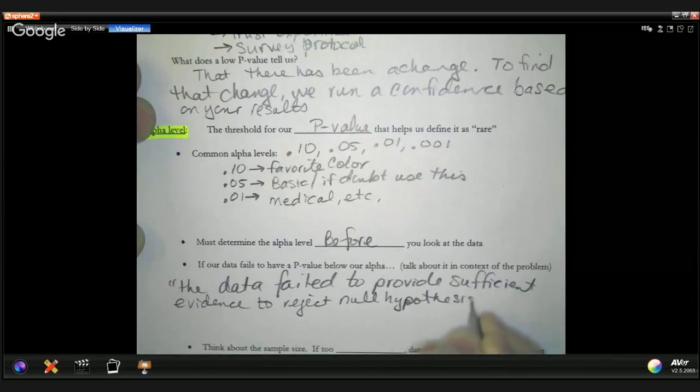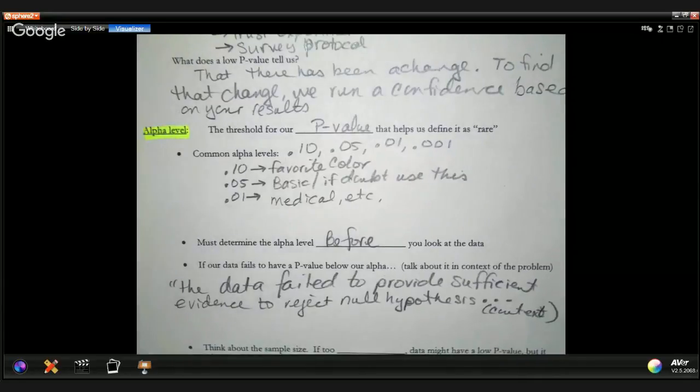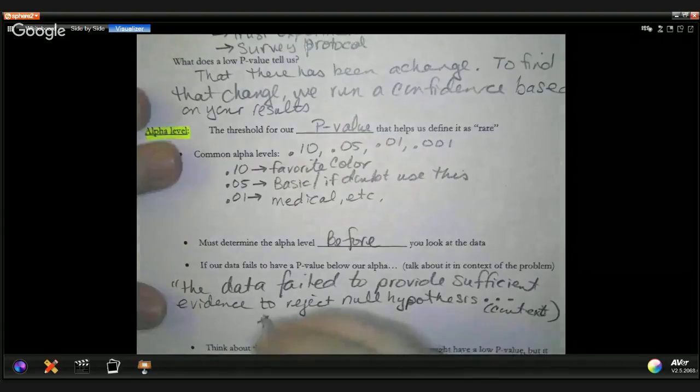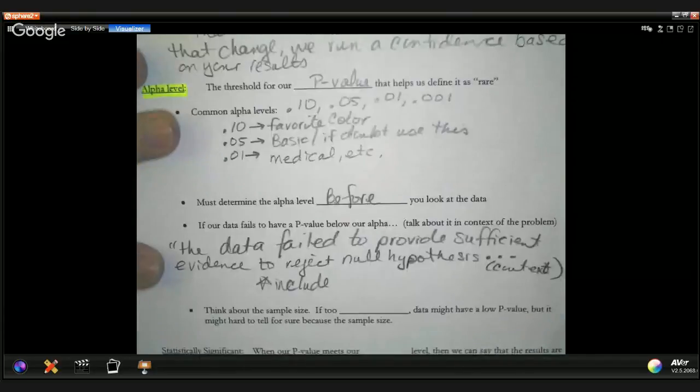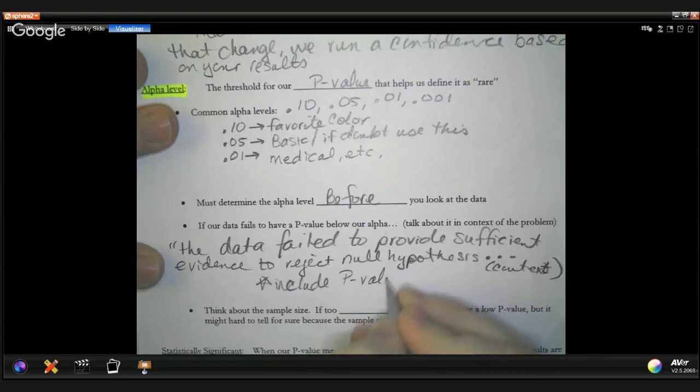And that's where you're going to write your context. It's also a good thing to include your p-value, so that they can know what you were doing.